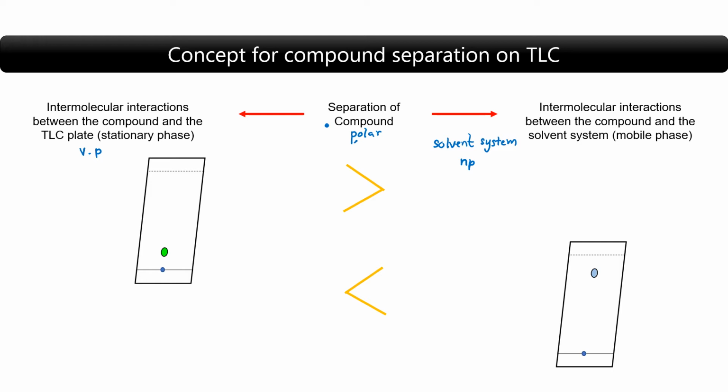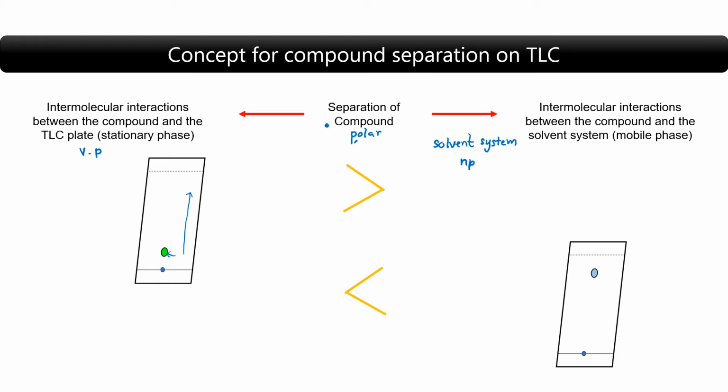So in that case, the compound prefers forming intermolecular interactions with the TLC plate and would stick mostly to the plate rather than move along across the TLC plate with the solvent.